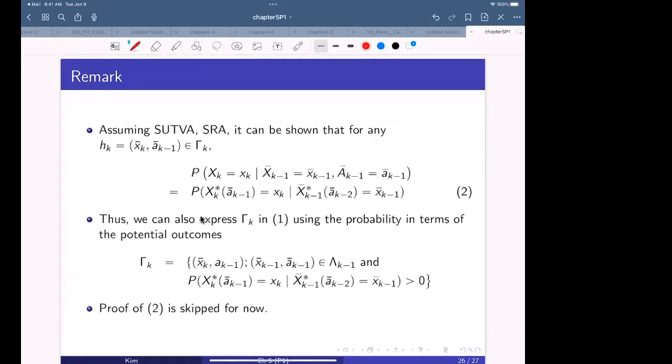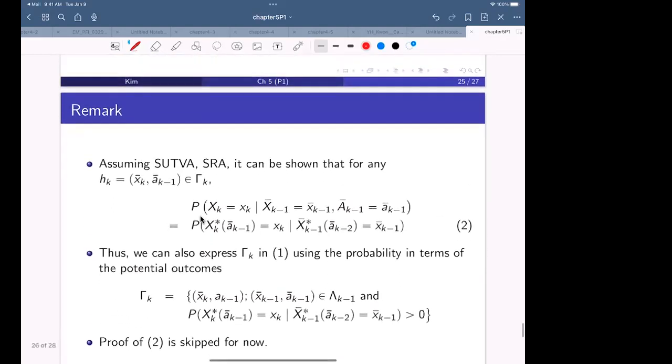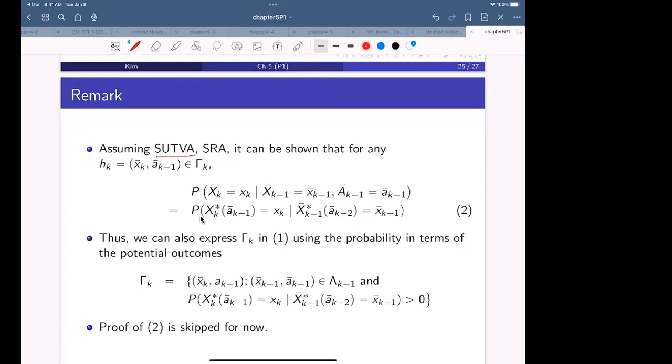Okay. So one of the important results is that under this assumption, we can show, as I already explained a little bit, that the conditional probability of the potential outcome can be expressed in terms of the realized outcome, given the realized value of A for that potential outcome.